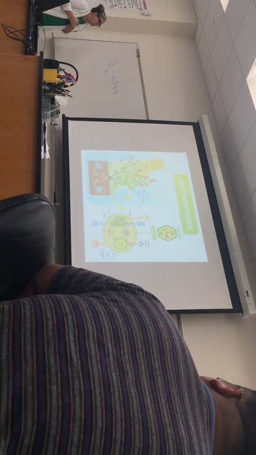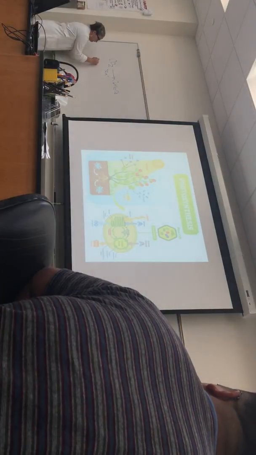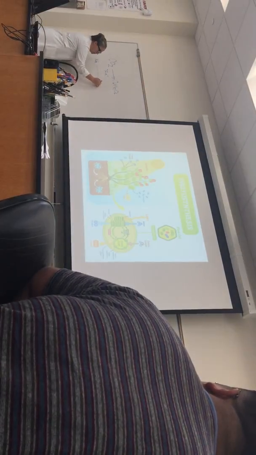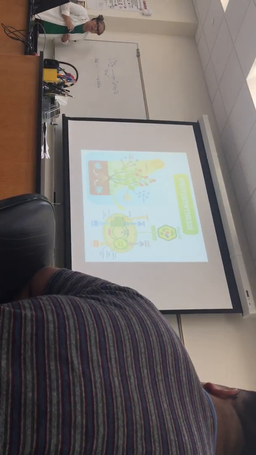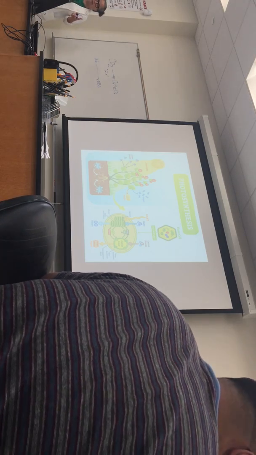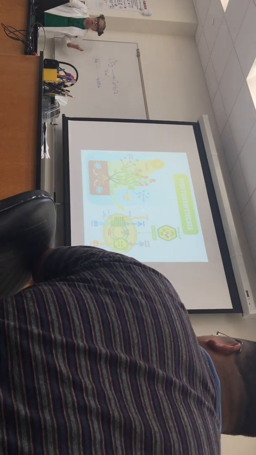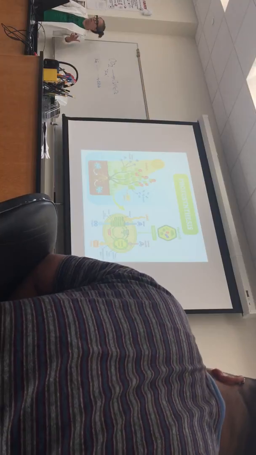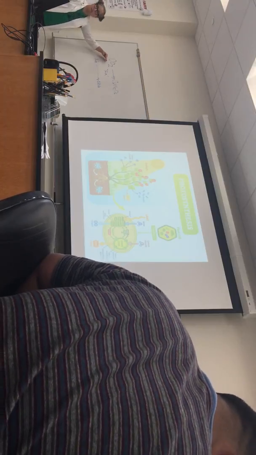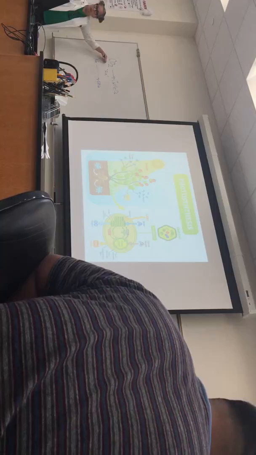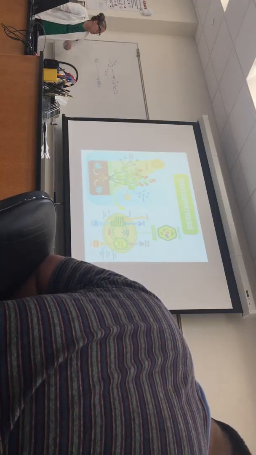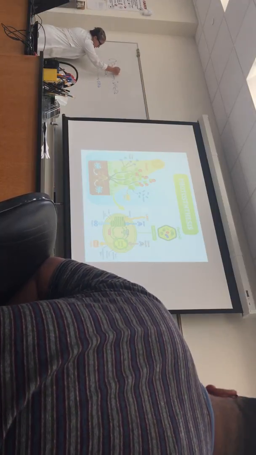Fixing carbon means taking inorganic carbon and converting it to an organic molecule, but what we also could call that is reducing carbon, because this carbon has no electrons for sale on it, and this one has a ton. So we could also call this reduction.